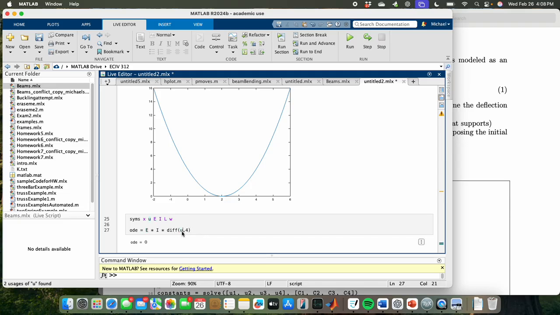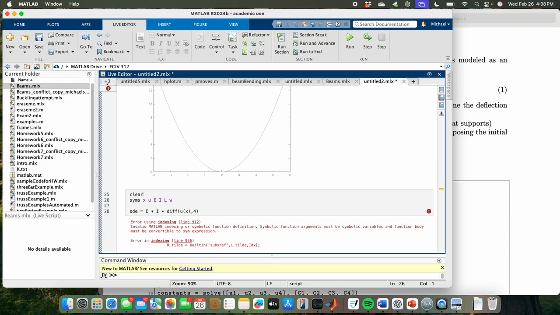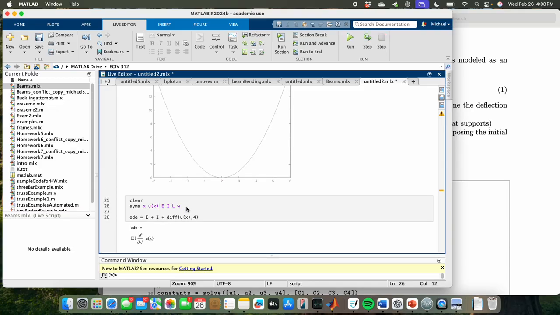U of X. Clear. We've got U of X. You have to define U as being U of X, telling it that U is going to be a function of X. Okay, there's my ordinary differential equation.